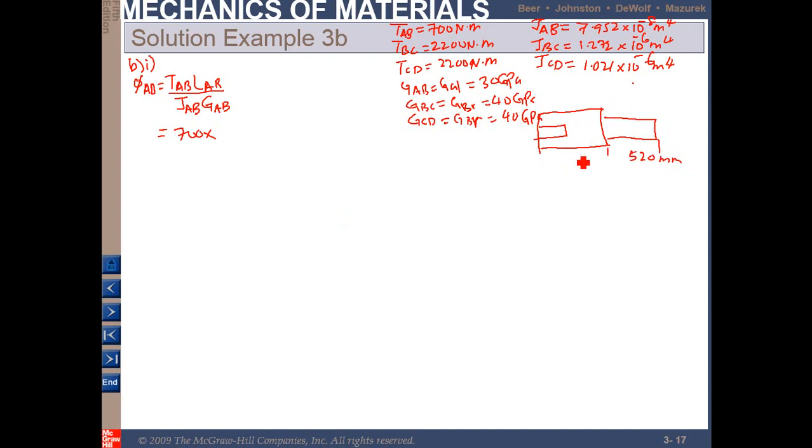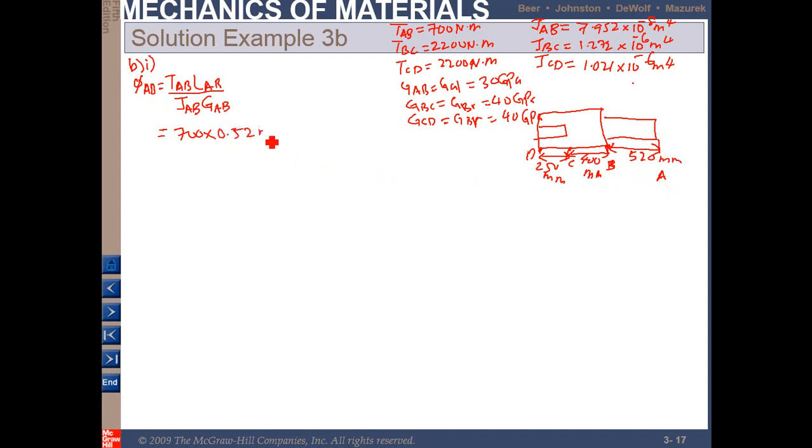And then from B to C is 400 mm. And then from C to D is 250 mm. So this is A, this is B, this is C, this is D.